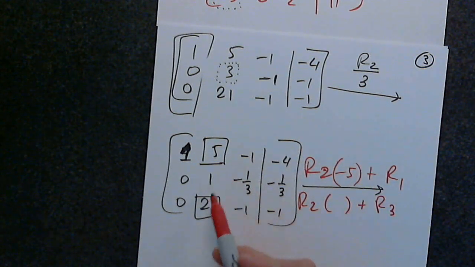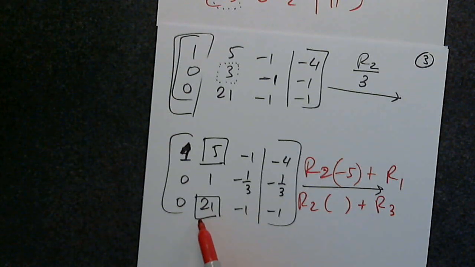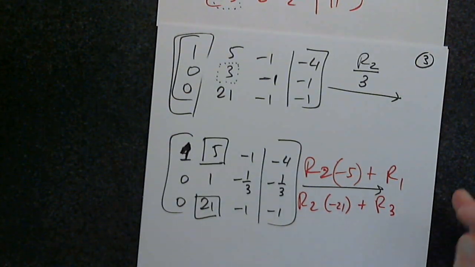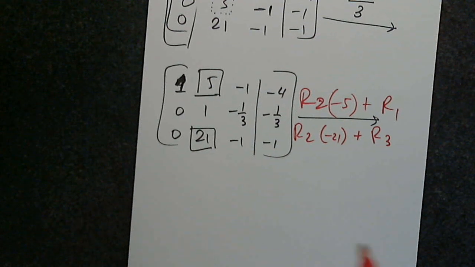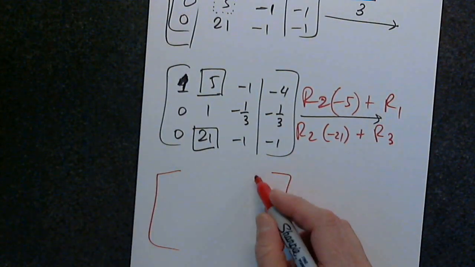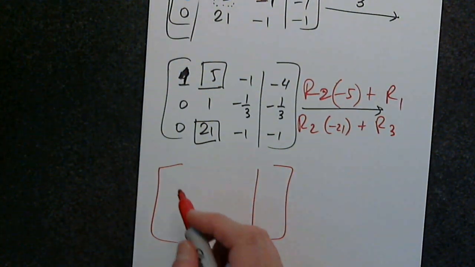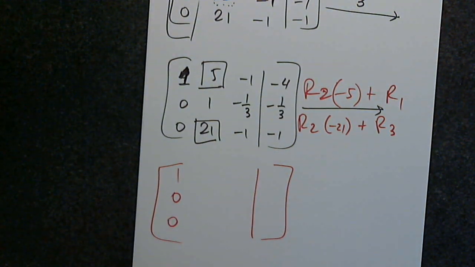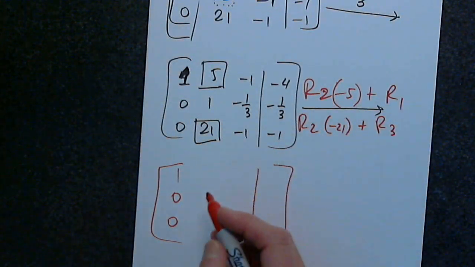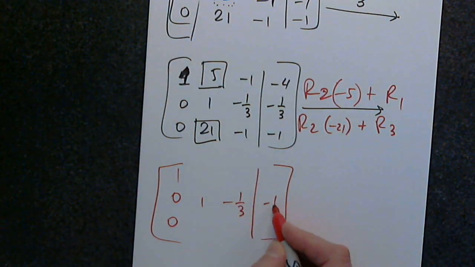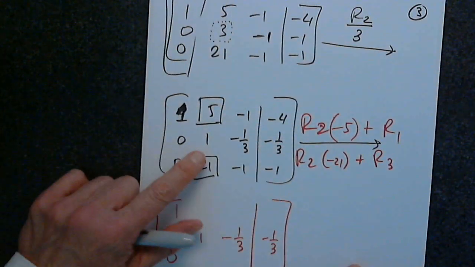What do I multiply 1 by to eliminate the 21? Very good. Awesome. Great. Which row do I copy now? Of course, that's the one I'm using right now. Very good.